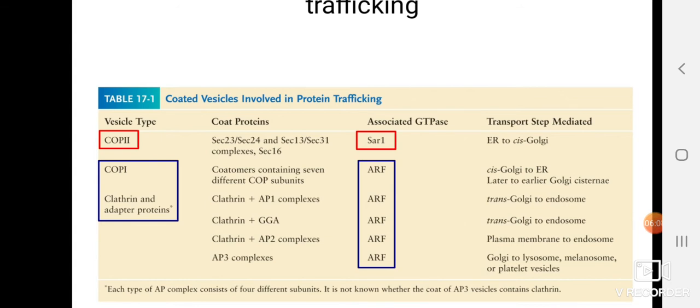molecules. So COP2, for example, is made up of a Sec23, 24 dimer, and a Sec13, 31 dimer. Together with Sec16, they form the COP2 complex.